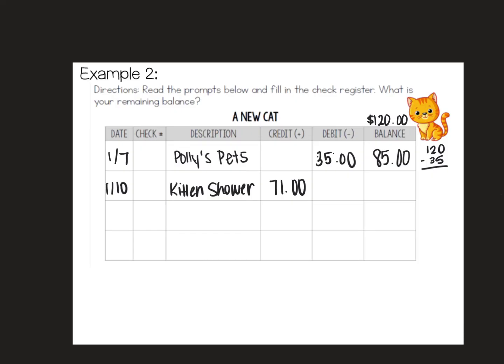And I'm going to take the balance I currently have, so not 120 anymore, but 85. And I'm going to add that 71 to it. So now I have 156. After that, it says, what is your ending balance? And so our current ending balance is going to be $156.